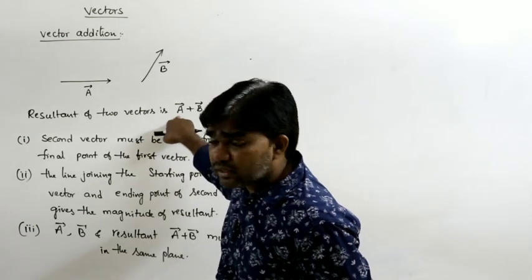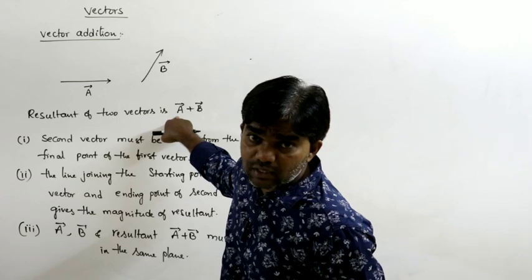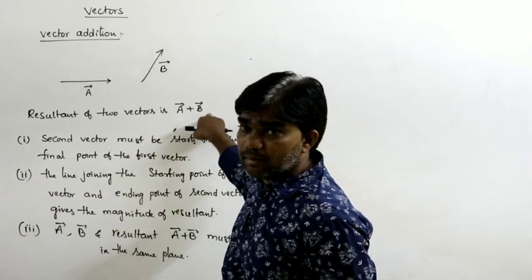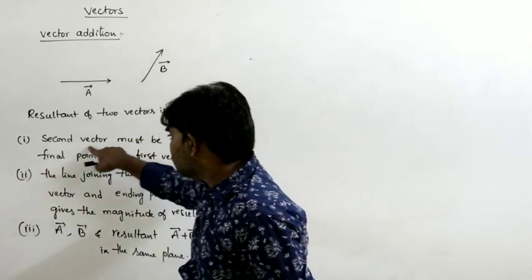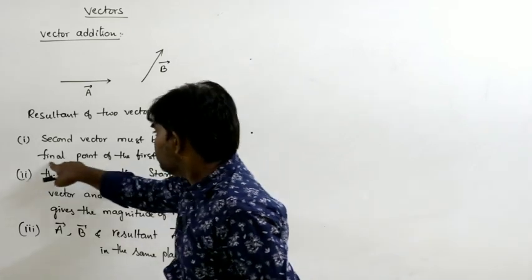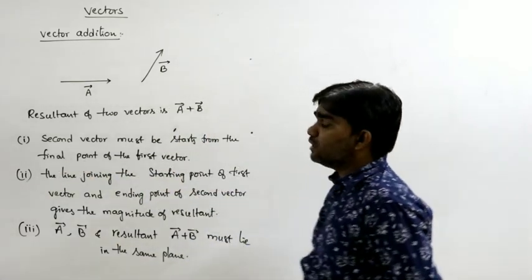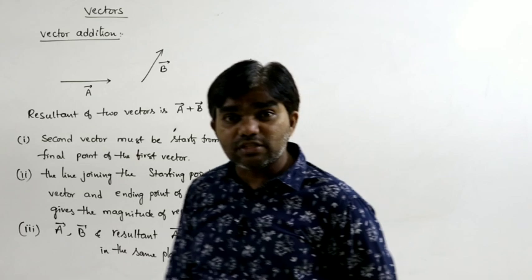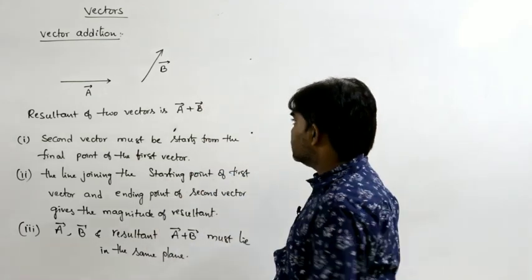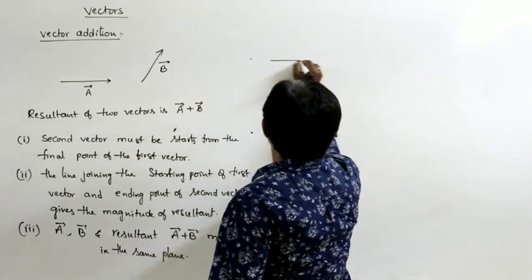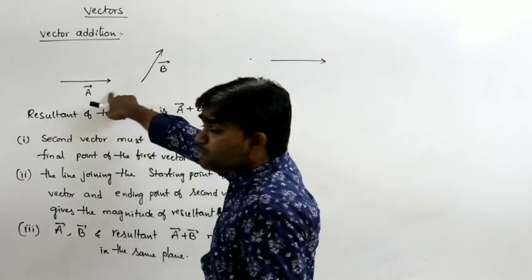So the first point is that the second vector must start from the final point of the first vector. So redraw the diagram. First vector, let us say this, without changing its magnitude and direction.